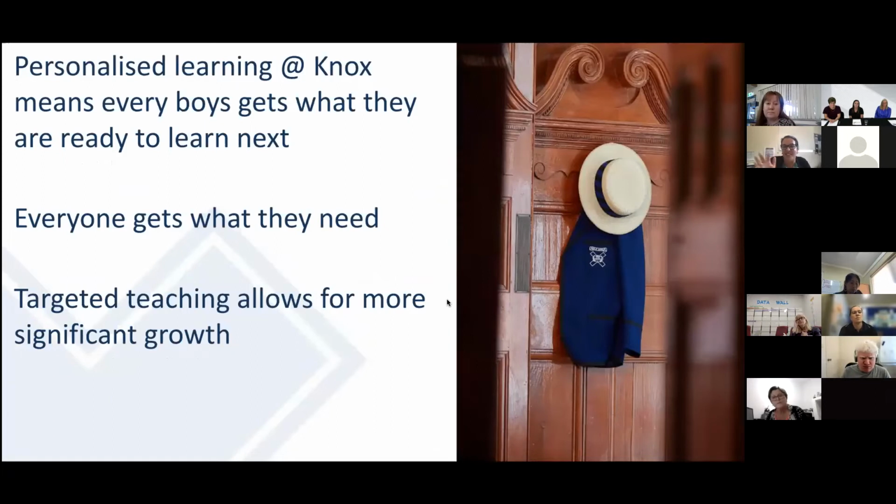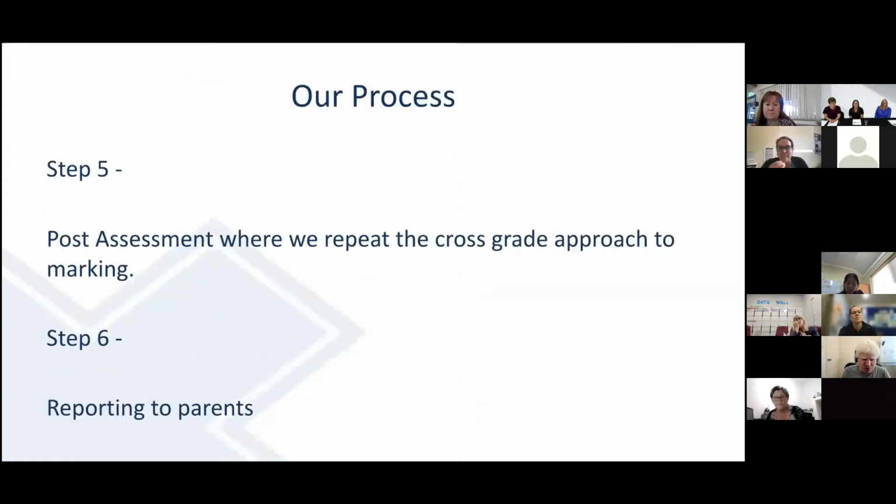Now, I just wanted to say too that when you target the teaching like that, it obviously allows for more significant growth. Now, once we go through that process, the next step is obviously the post-assessment. Again, we repeat the cross-grade approach to marking. We find that we actually don't need to moderate at that point because we've taken so much time to moderate at the pre-assessment.